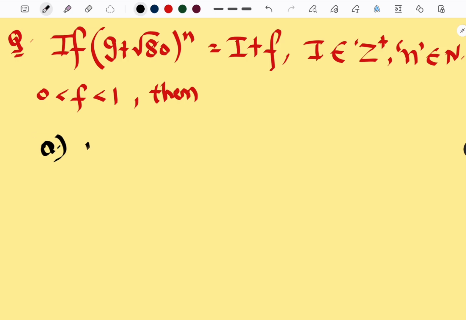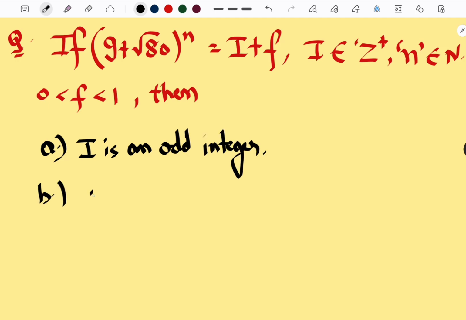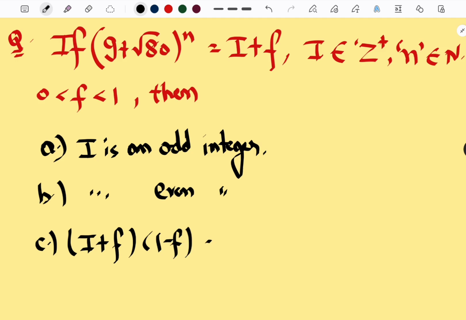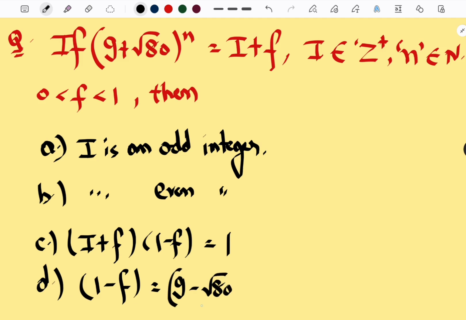First, I is an odd integer. Second, I is an even integer. C, (I + f)(1 − f) shall be equal to 1. D, 1 − f will be equal to (9 − √80)^n.